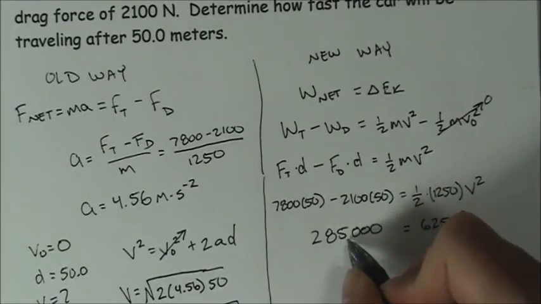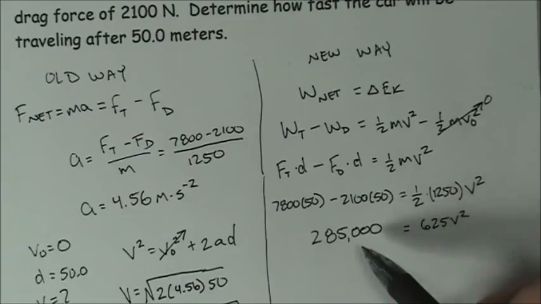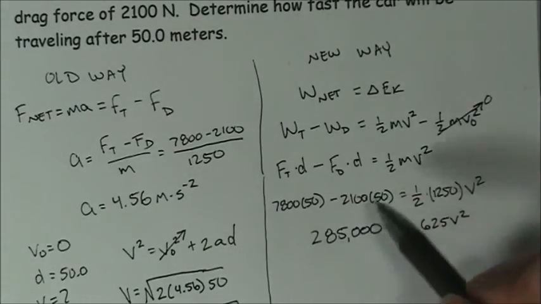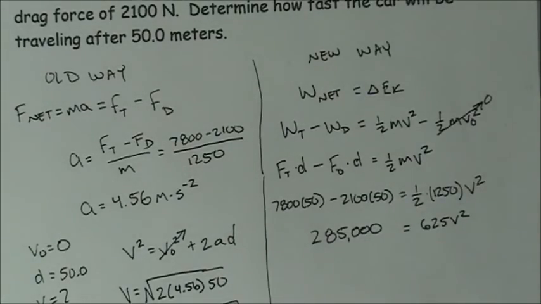Okay, now the engine's producing more work than this, but this is all we're going to get because we have to take out the part that was lost to the friction.